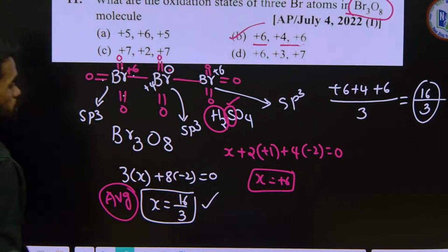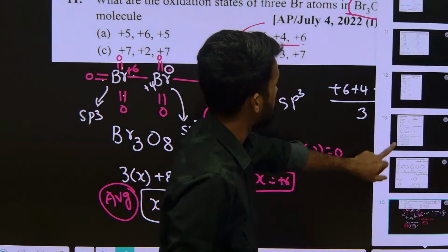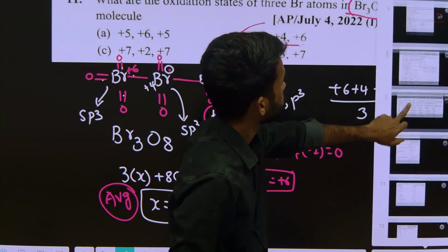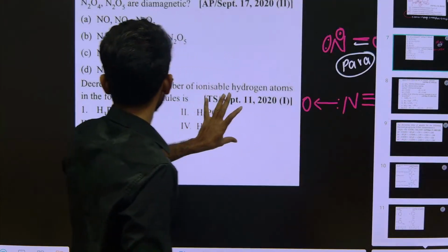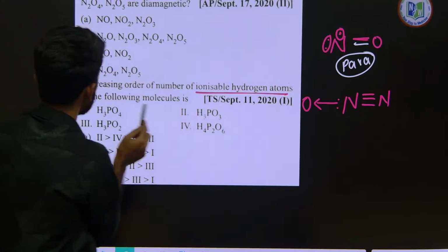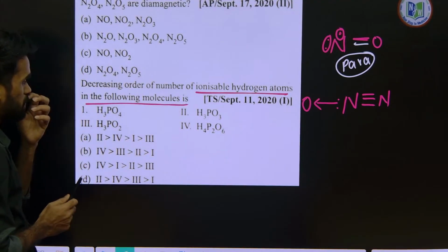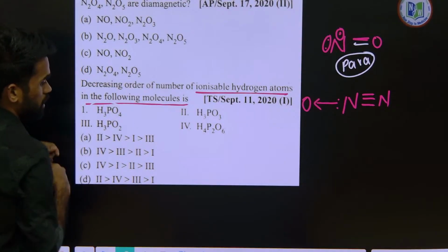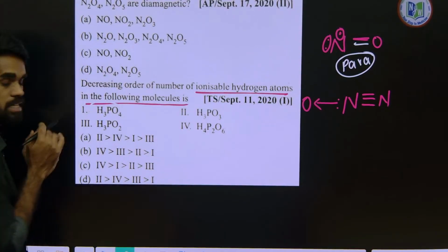Okay, next let me show you the previous question that I have discussed here. What they are saying: decreasing order of number of ionizable hydrogen atoms in the following molecules. Very simple, H3PO4 is given, so you need to first of all calculate its oxidation state.